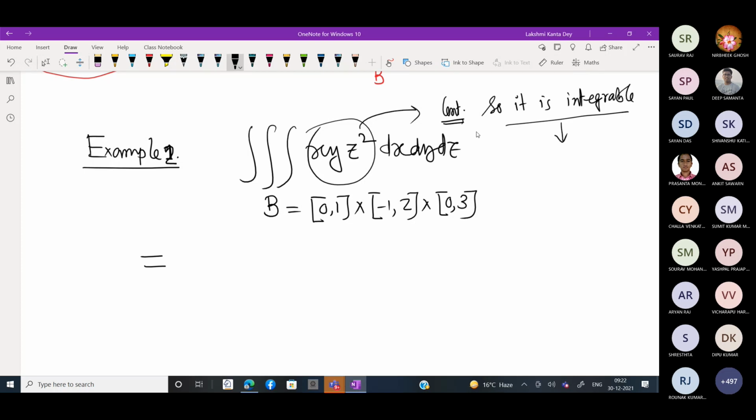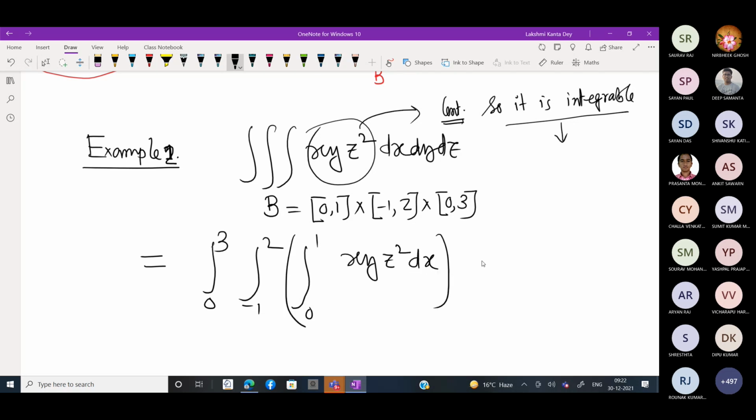That means all the iterated integrals will exist and they will be the same as your triple integration. This is parallel to the case of double integration. So I can find one of the iterated integrals: 0 to 3, minus 1 to 2, 0 to 1, of x y z square, dx, then dy, then dz.